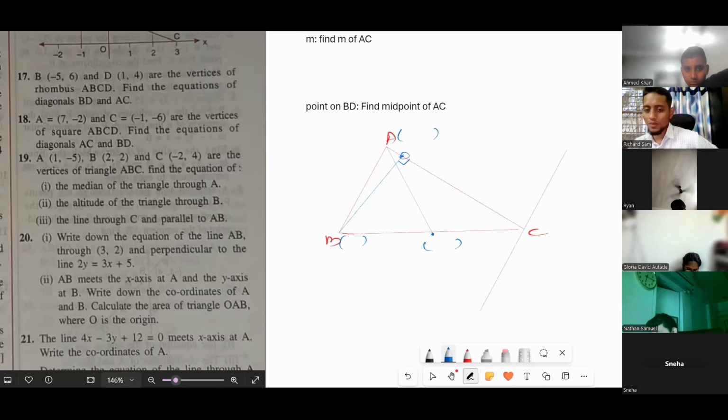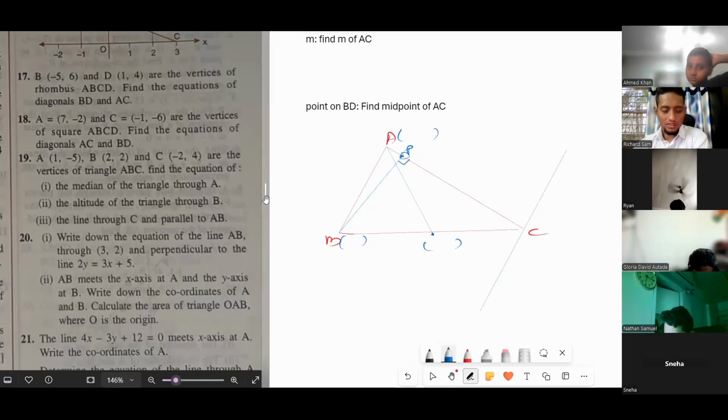Since they're perpendicular, we can find the slope of this line. Let's call this BP. AC slope we can find first, then we can find BP slope. So now for BP, we have a point and slope. So we use the point slope formula. Is that clear, everyone?